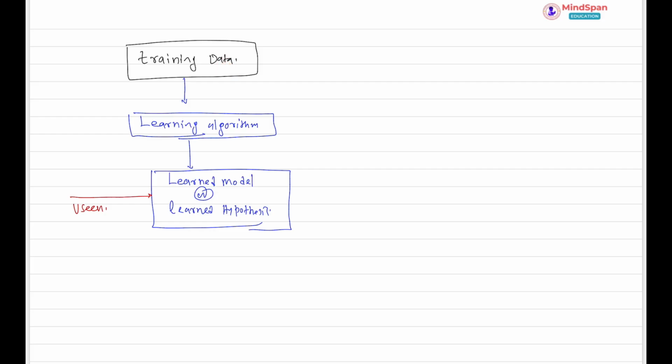So we are going to feed unseen data, and we are going to predict the corresponding output of this new data, or estimate the corresponding output, right? So this process is common across all supervised learning, right?